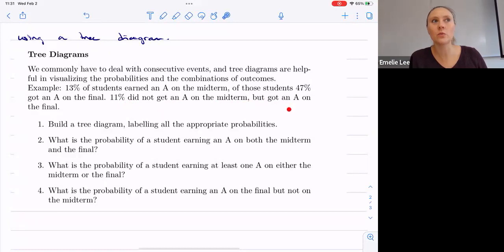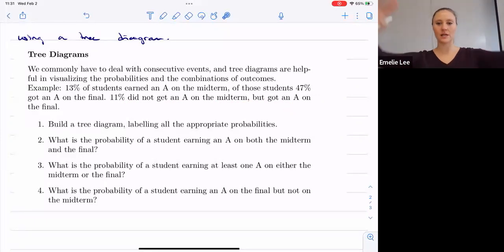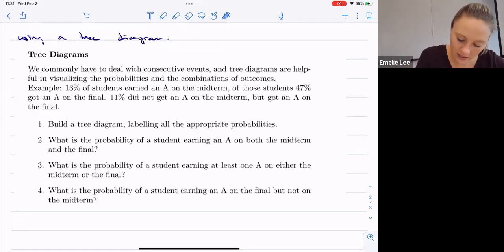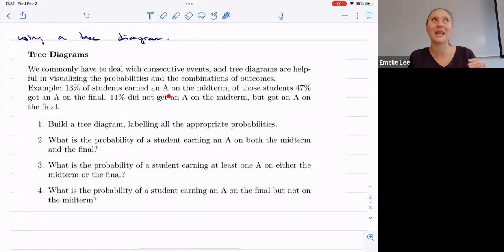So what we're going to do is visualize these. And the reason it's a tree is because we have the first event, or the first layer, I think of it. And then each branch is going to have its own set of branches for the second event. Because we're talking about an A on the midterm and an A on the final, using an A to denote one of those wouldn't really make sense.